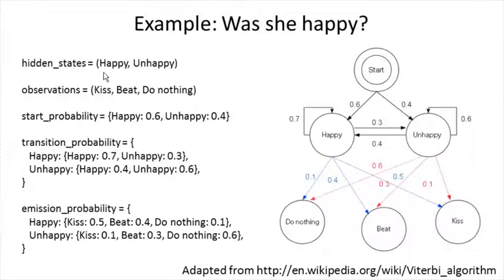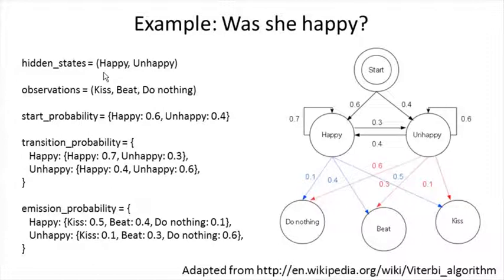So your girlfriend has some parameters. On the first day, she has a probability of 0.6 to be happy and a probability of 0.4 to be unhappy. During the following days, she's happy or unhappy depending on the previous day.